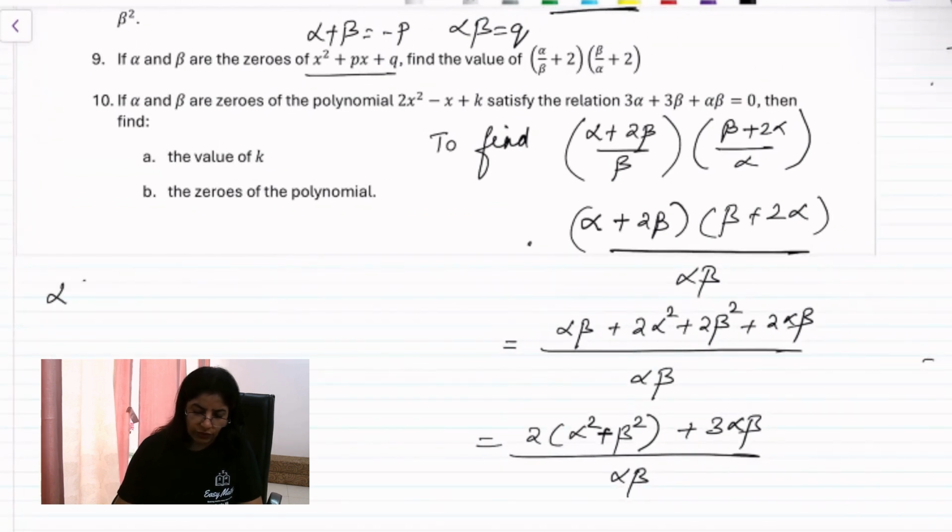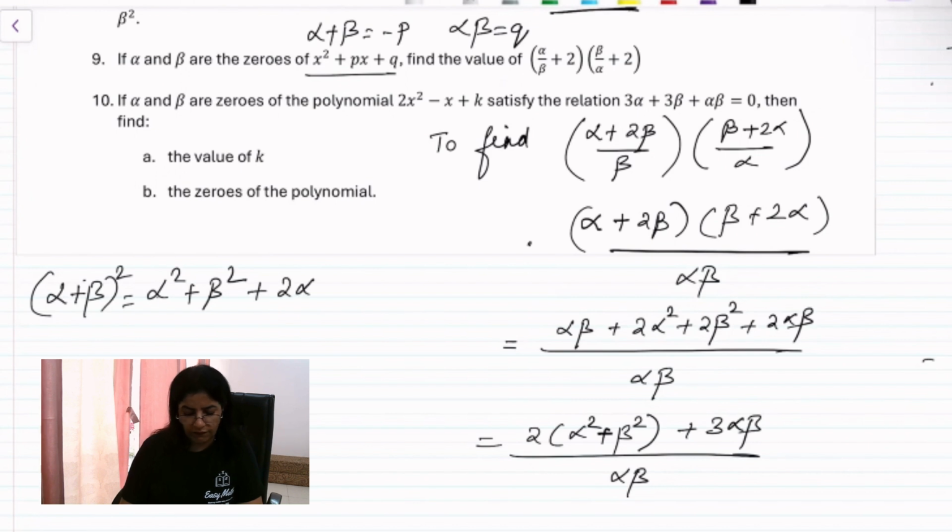Now, what we know is alpha plus beta, so let's find out alpha square and beta square. Alpha plus beta whole square is equal to alpha square plus beta square plus 2 alpha beta. Putting the values here, p square is equal to alpha square plus beta square plus 2q. To get the value of alpha square plus beta square, we get p square minus 2q.